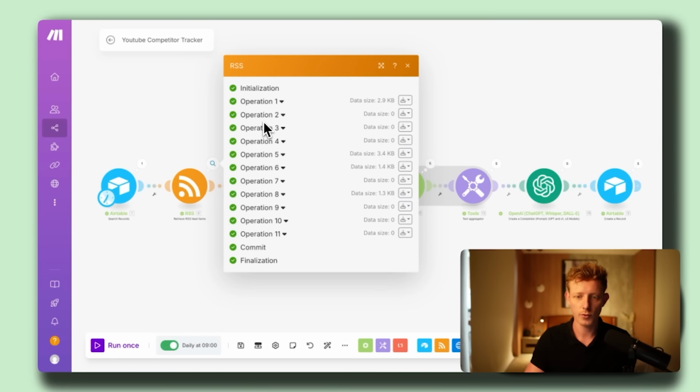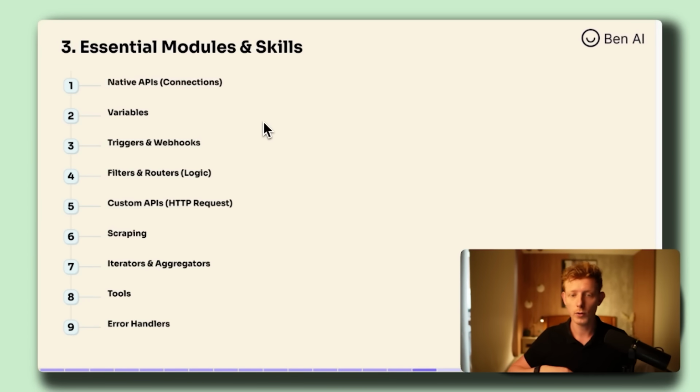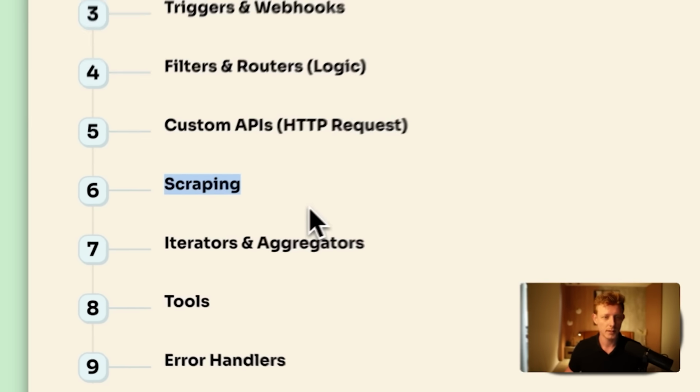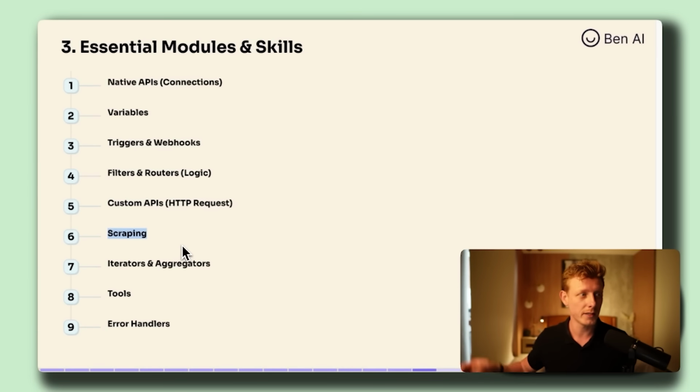So let me dive back into the presentation. Now I'll go over all the essential modules and skills that you need to know to build essentially any automation on Make.com. I've covered all the important ones here. So we'll go over native APIs or connections, as they call them in Make.com, variables, triggers and webhooks, filters and routers, custom APIs or HTTP requests, and scraping, which for most automation solutions you'll usually need in some form, either web scraping or social media scraping.